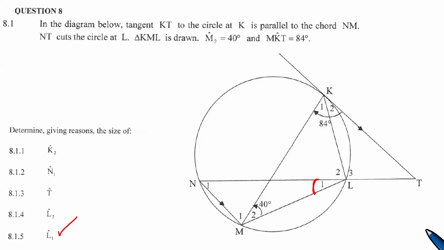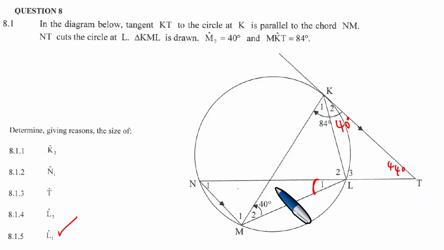I'm interested in knowing the size of the angle L1. Who knows it? I'm giving Tenulo and Tando a break for this question. The other questions I'm going to involve you guys. But for this one, Nombuso and Pekelelo.